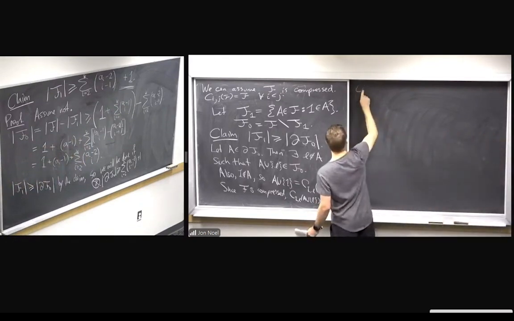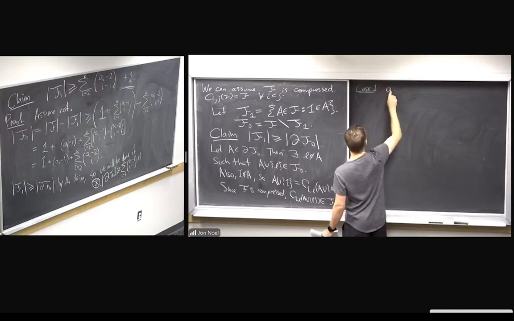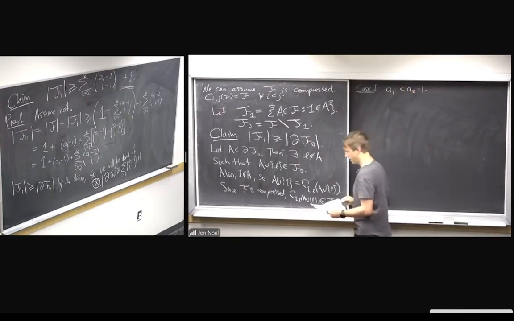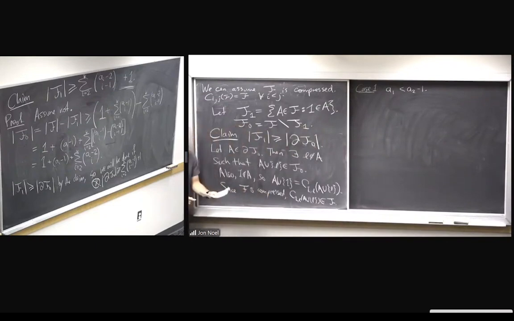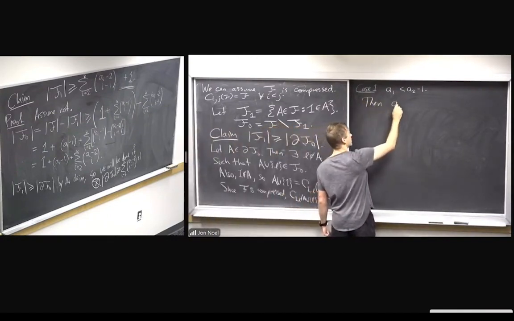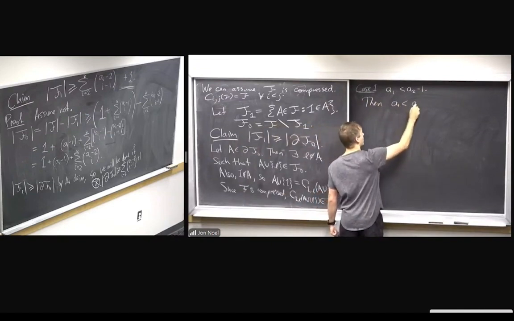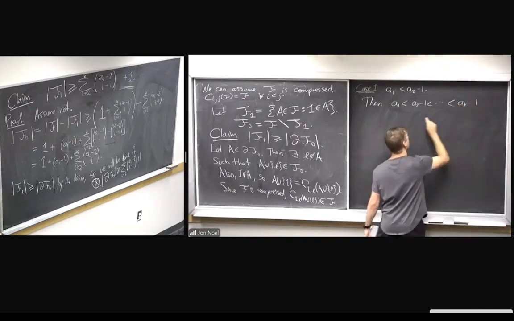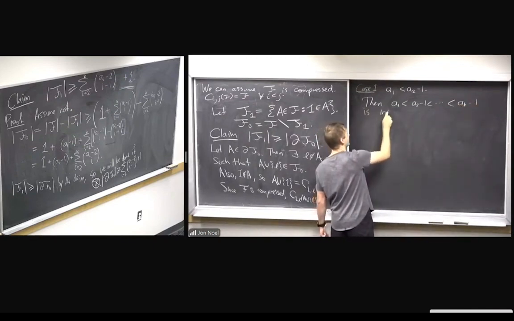I'm going to break this into a few cases. Let's suppose that A1 is strictly less than A2 minus 1. Then the sequence, I take A1 and then A2 minus 1 all the way to AK minus 1, is increasing.